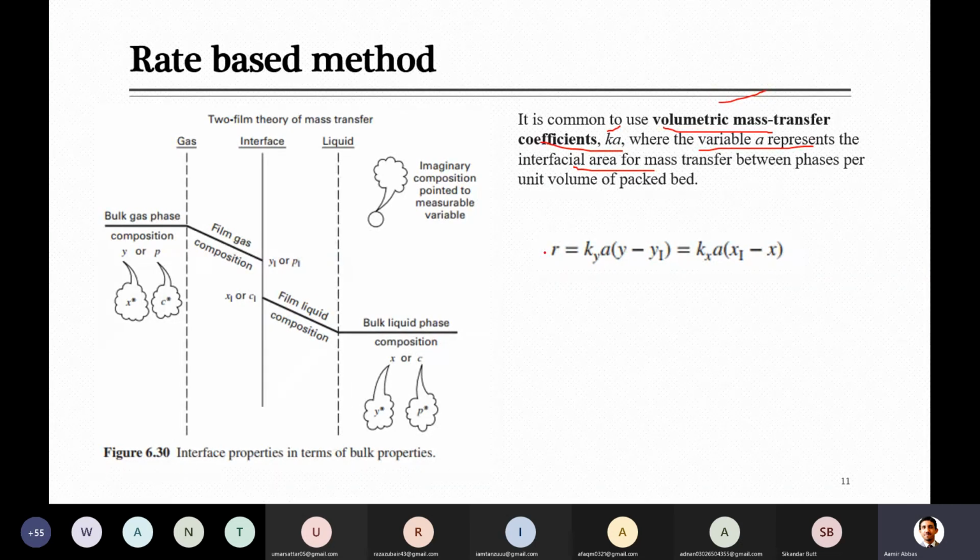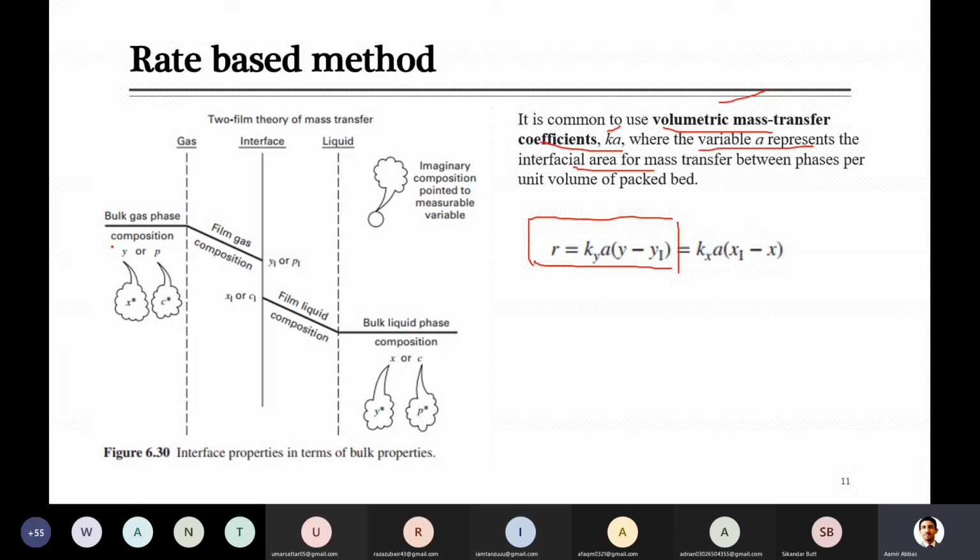Here this equation involves, because we call it a rate-based method, the rate of transfer of some component from one stream to the other. For example, the rate of transfer of some vapor through this film is equal to Kya, the volumetric mass transfer coefficient, multiplied by the concentration gradient.